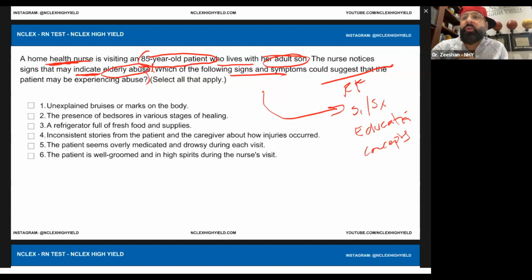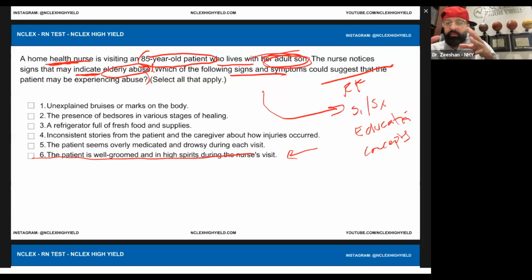So again, we start with the bottom and we make a decision. If the patient is well groomed and in high spirits during the nurse's visit, are we worried about elderly abuse? No, that's actually what we want, especially if they're living with a family member. The patient seems overly medicated and drowsy during each visit.